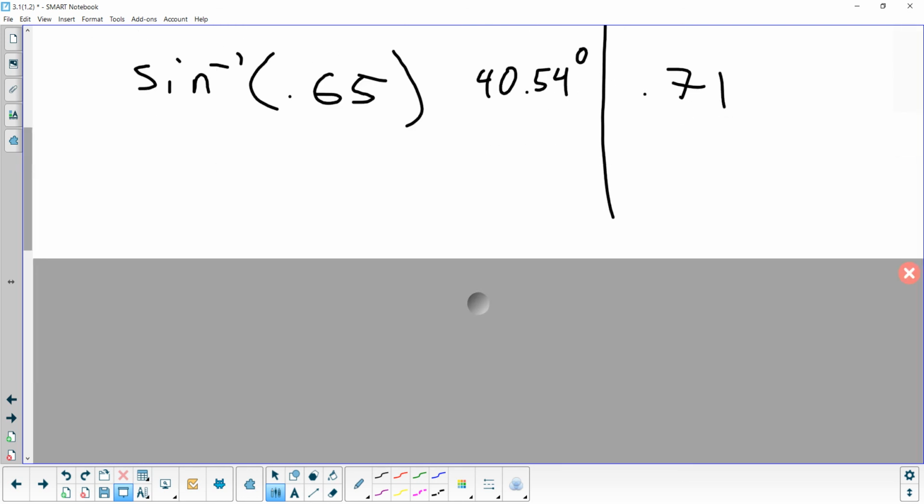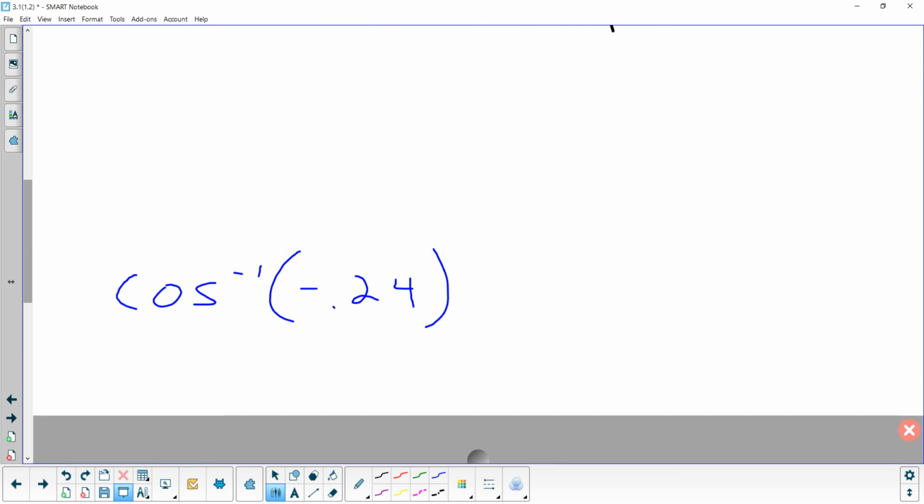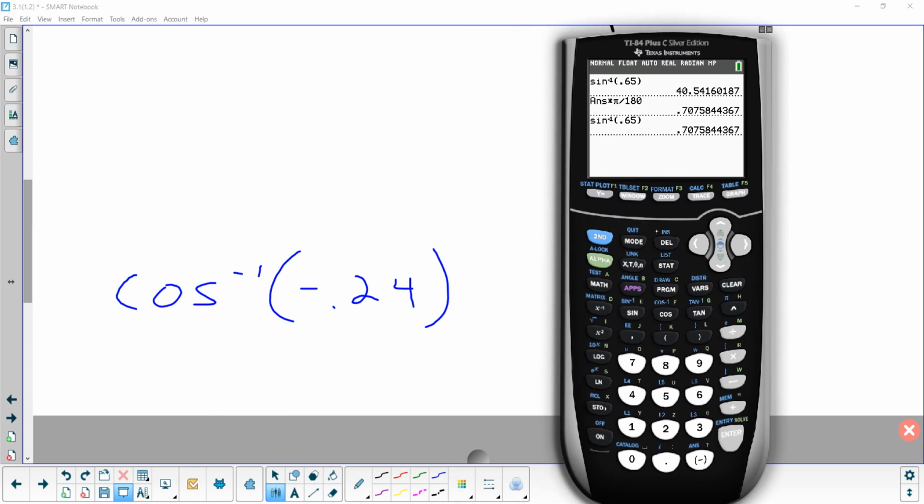All right, let's try inverse cosine of -0.24. Again, -0.24, not a number you're going to find in that table. So, Katrina, could you tell me what I need to press to get that problem in on the calculator?